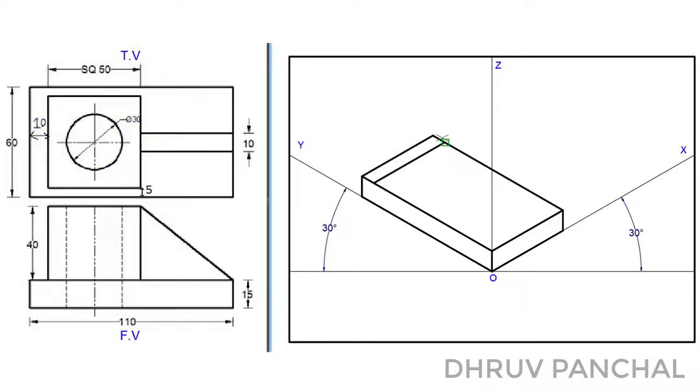From this point, mark a point at a distance of 5 mm and draw a line parallel to line OY of 50 mm. Draw a line parallel to line OX of 50 mm. Draw a line parallel to line OY of 50 mm as shown. Here you can see the dimensions for your reference.